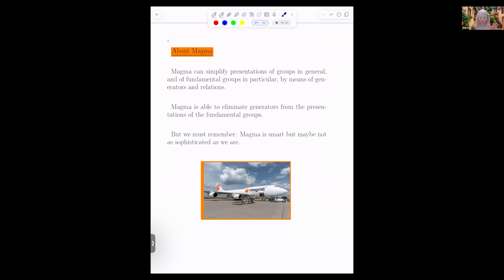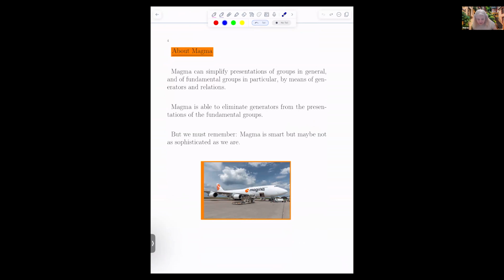Magma can simplify presentations of groups in general, and of fundamental groups in particular. And we get a presentation by means of generators and relations. So we get a list of generators, a list of relations. What is good in Magma is the fact that it eliminates generators from the presentation.